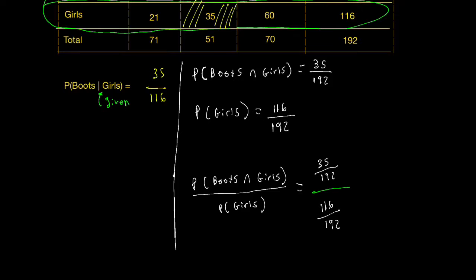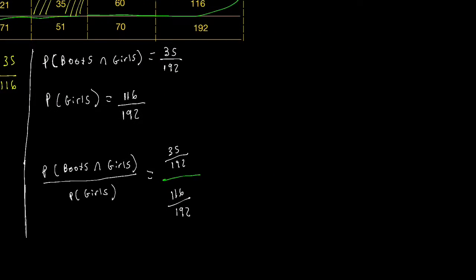We reviewed how to calculate ratios being divided by one another. We're going to use that procedure, keep, switch, flip. So let's keep the numerator 35 over 192, and then switch division to multiplication and divide by the flipped version of the denominator. We flip the denominator here to get 192 over 116.